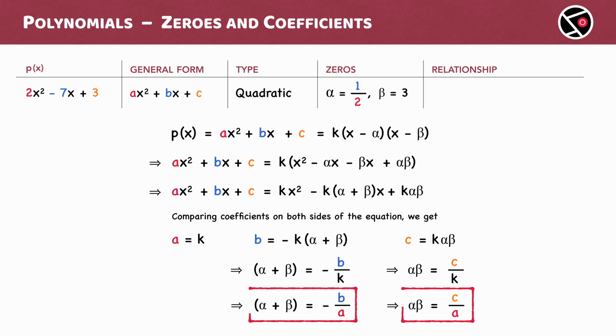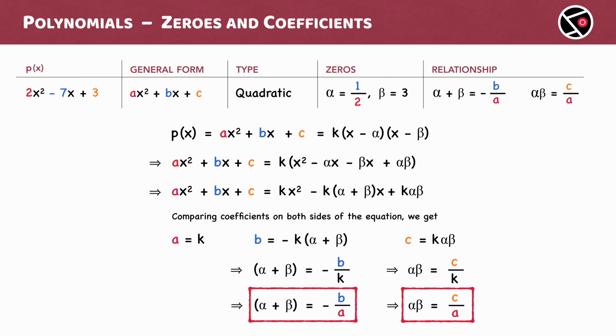These two results establish the relationship between the zeros and the coefficients of a quadratic polynomial. The sum of zeros, alpha plus beta, equals minus b over a. The product of zeros, alpha times beta, equals c over a.